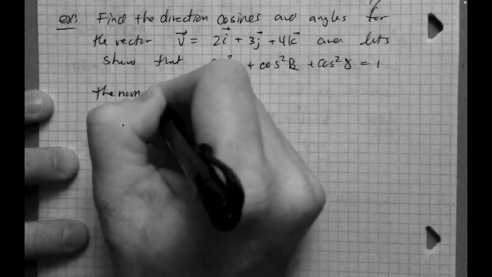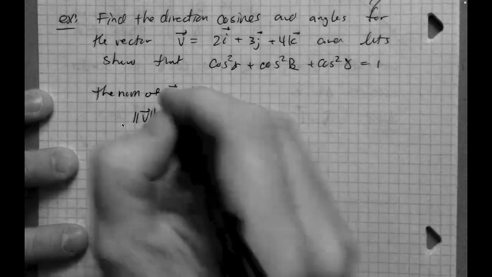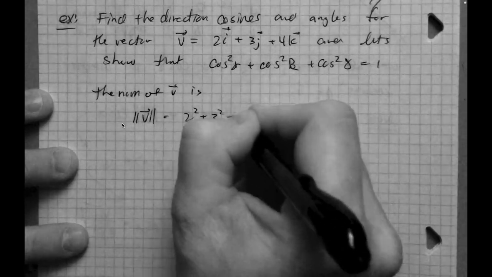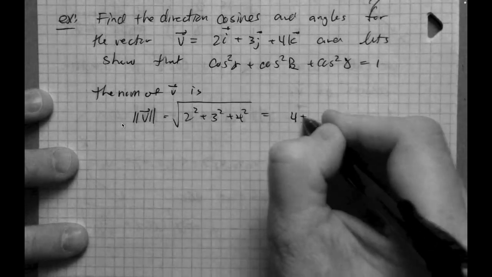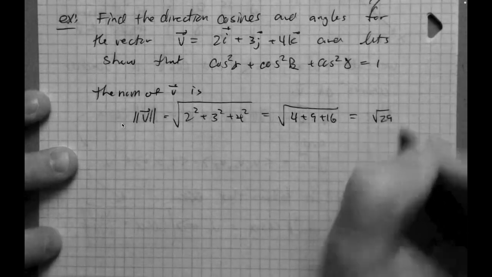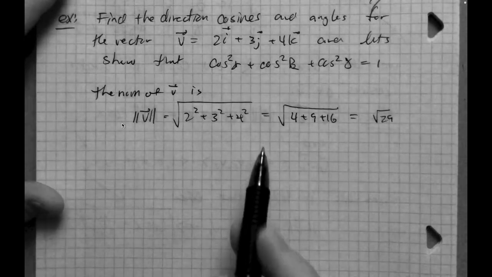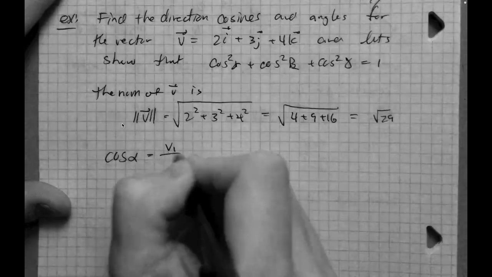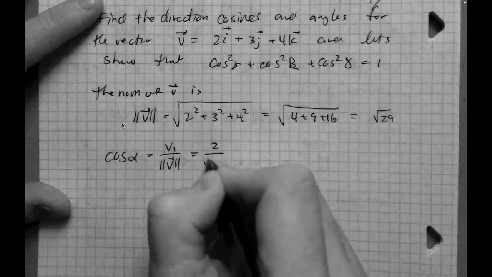The norm of v is going to be equal to the square root of 2 squared plus 3 squared plus 4 squared, which is 4 plus 9 plus 16, and so we get the square root of 29. Then the direction cosines: cosine of alpha will equal v1 over the norm of v, which is 2 over the square root of 29.